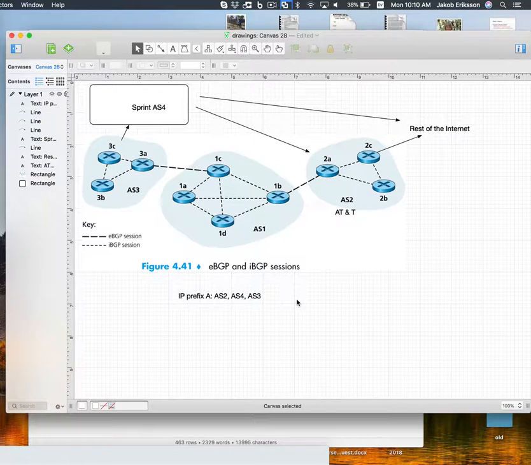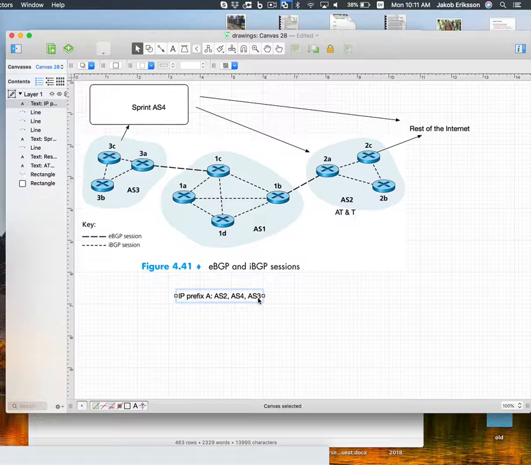The principle is called path vector routing, right? So it's similar to distance vector routing, except there's no distance. Instead, we include some sort of abstract path. So in this case, it is a set of autonomous systems.